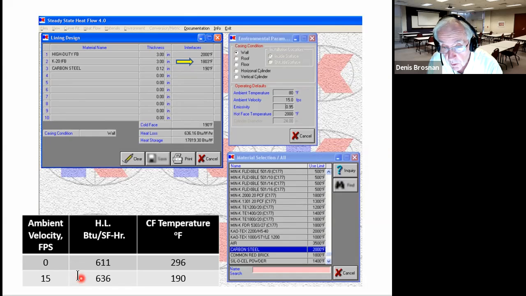So that's what happens. And of course, that has a corresponding effect on the cold face temperature. So people have been using air horns or air blowers and other things like that for years if they get a shell temperature that's a little too hot or a hot spot on the shell.